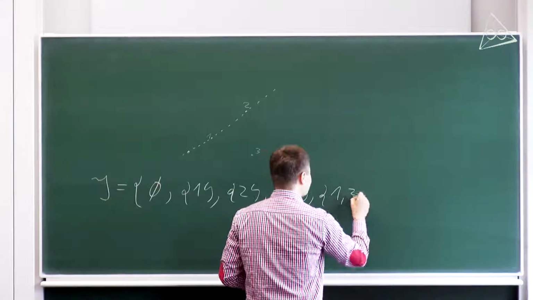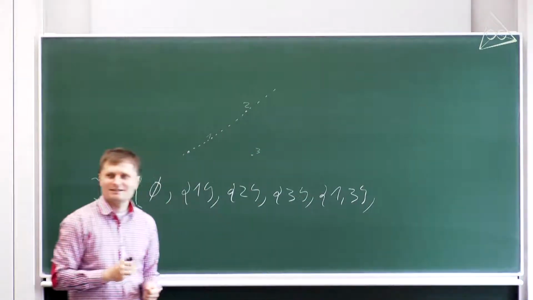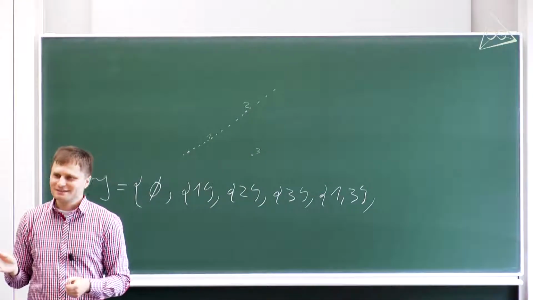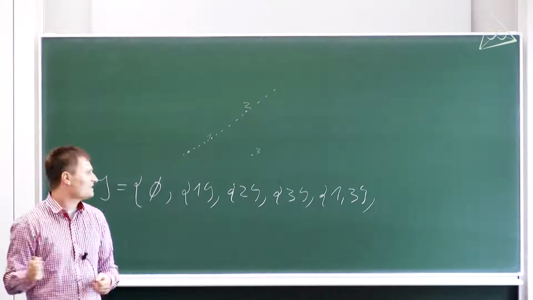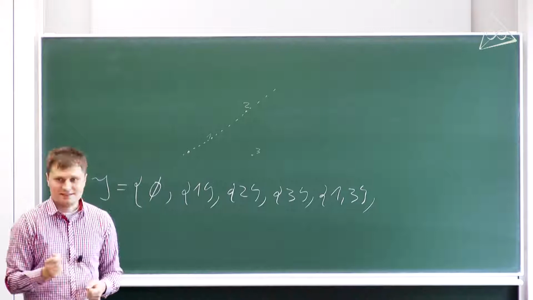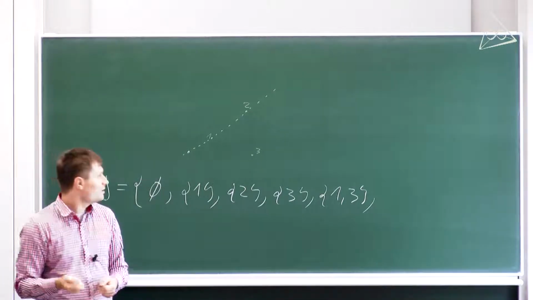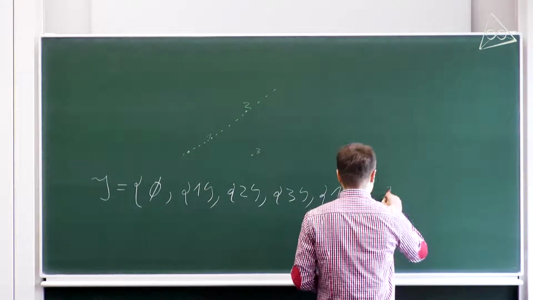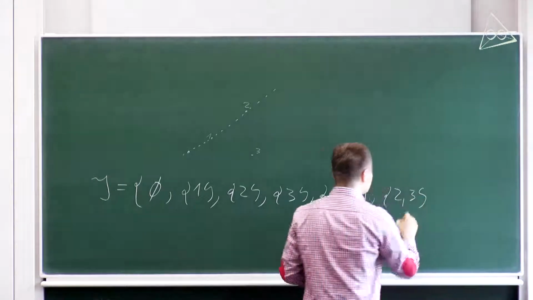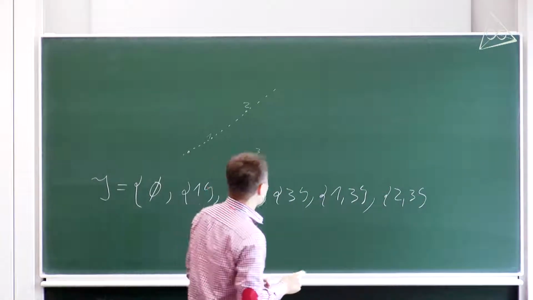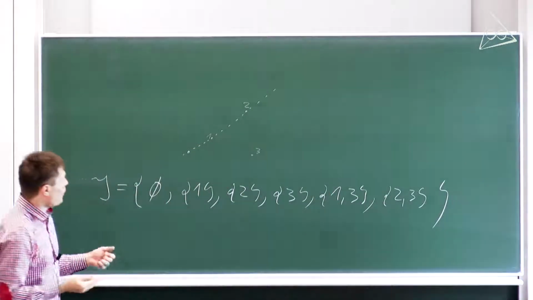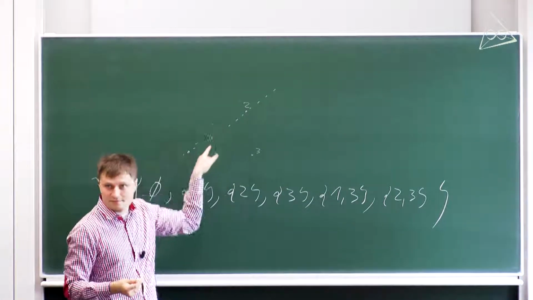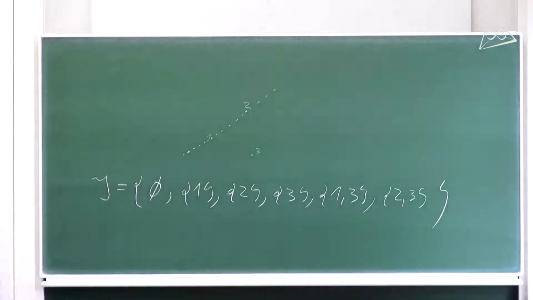Now someone who hasn't yet given an answer today: what are other independent sets? 2, 3. I think that's everything. Yes, I also think that's everything. So 1, 2 is not there. Very good.